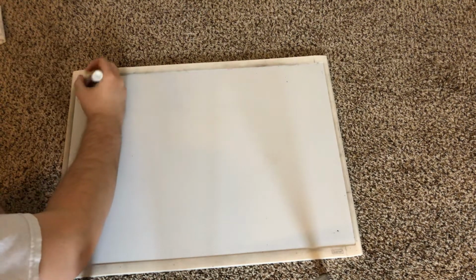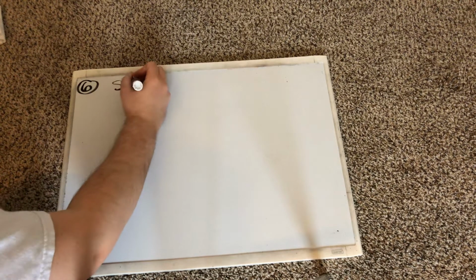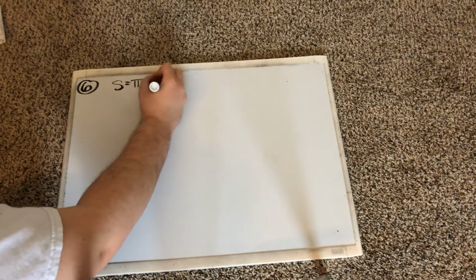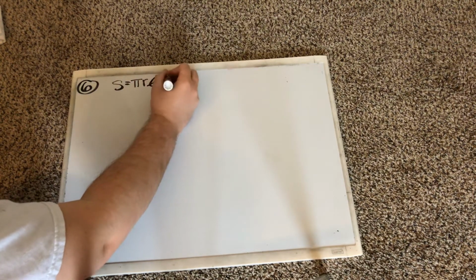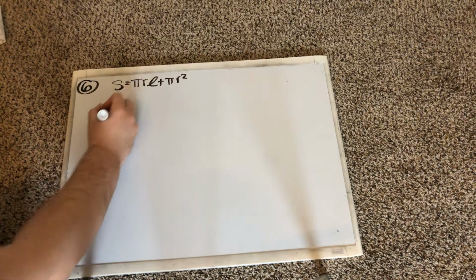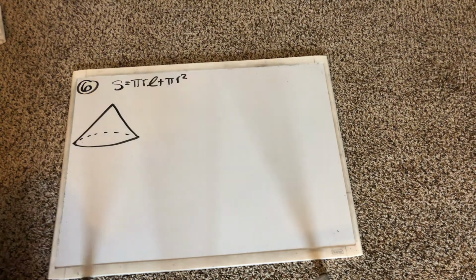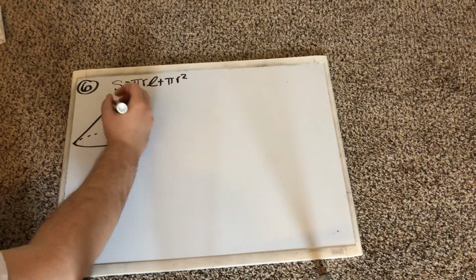So this is number 6, and I'm just going to write the formula up here again, just so I don't forget it. That's actually a way better drawing than the other ones.